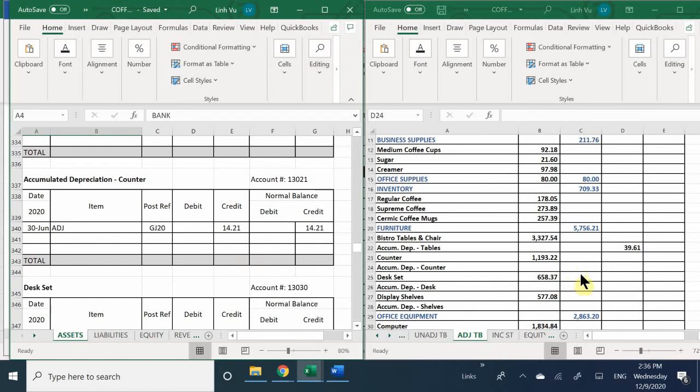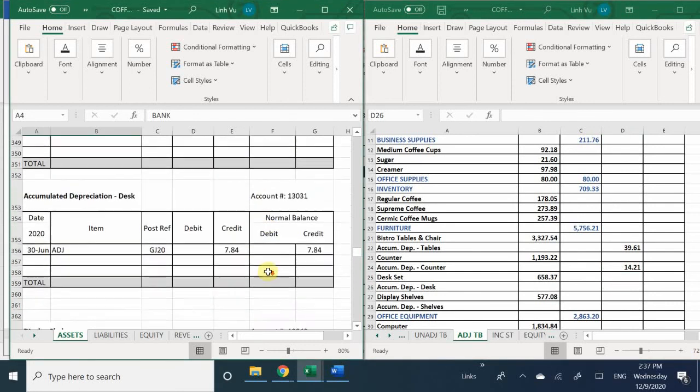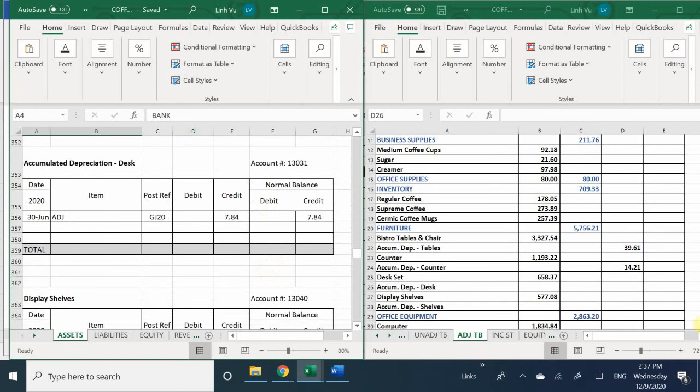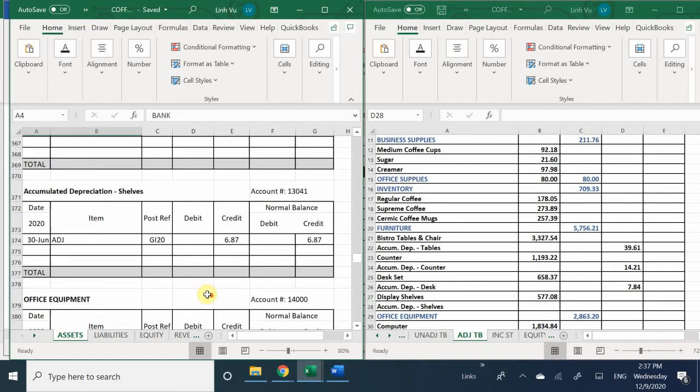Counter is $14.21. Oh, wrong side. $14.21. All right. What about your desk? Desk is $7.84. And then your shelves, $6.87.